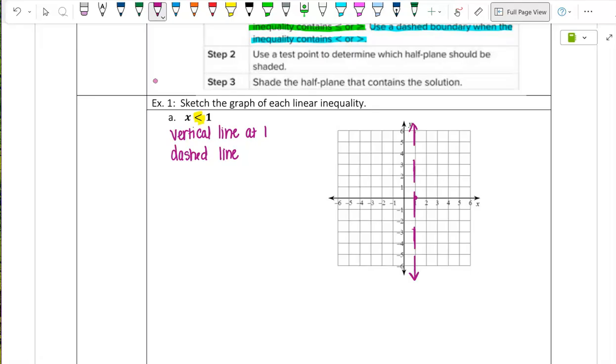Now, here's the other difference. Obviously one difference is that we had to determine whether it's a dashed or a solid line. The other difference is we have to determine which side of this line we're going to shade.